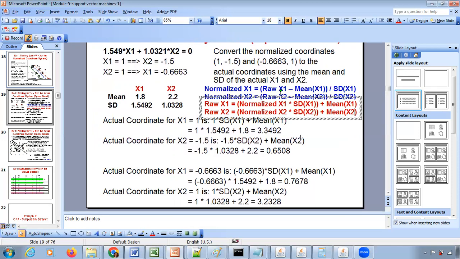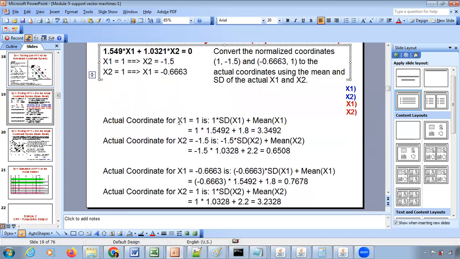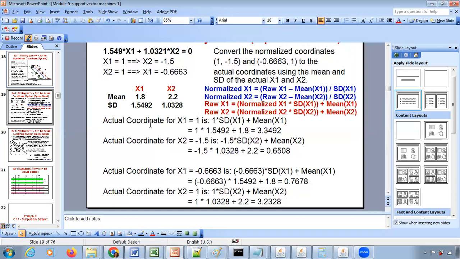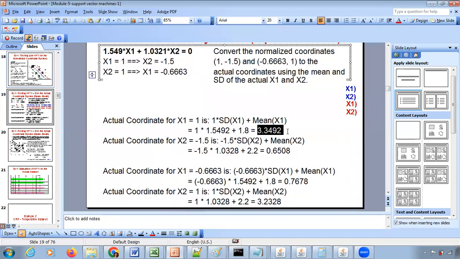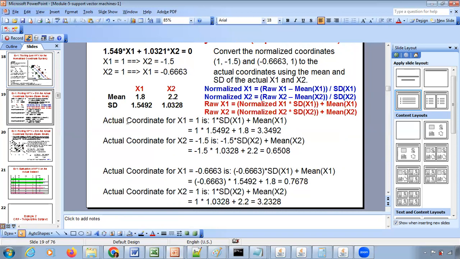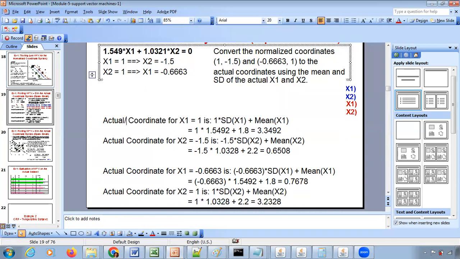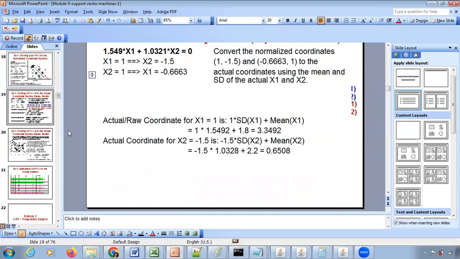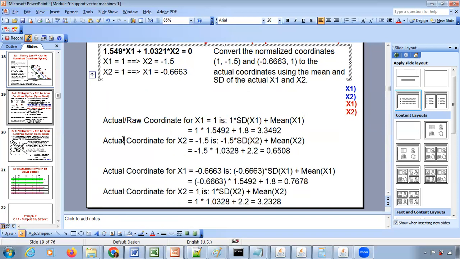Once we do that, it's going to be 1 for this, with x1. So 1 times the standard deviation of x1, which is 1.5492, plus the mean of x1, which is 1.8. So 3.3492 is the raw or actual x1 value. I used actual, but it's the same as raw. For the rest of the slide I use actual, so let's stay with that.